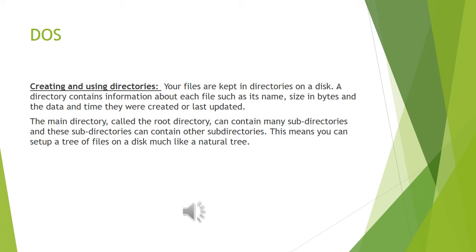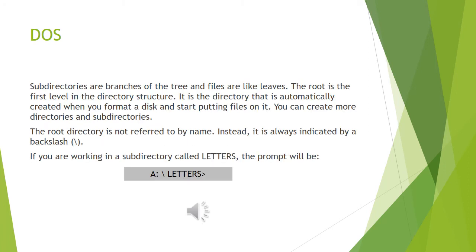A directory is defined as an organizational unit which is used to organize folders and files into a hierarchical structure. Subdirectories are the branches of the tree and files are like leaves. The root is the first level in the directory structure. It is a directory that is automatically created when you format a disk and start putting files on it.